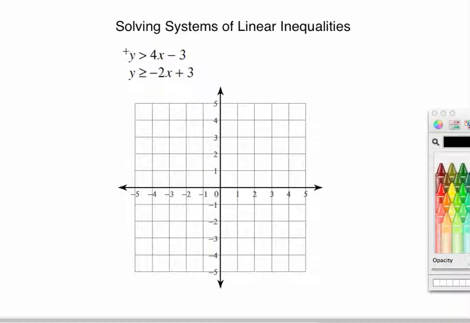So we're going to start with the top one. y is greater than 4x minus 3, and we solve this just like y equals 4x minus 3, but remember, this is going to be a dotted line.